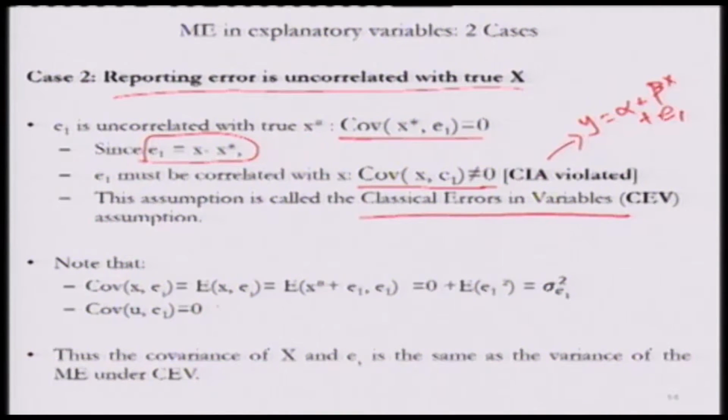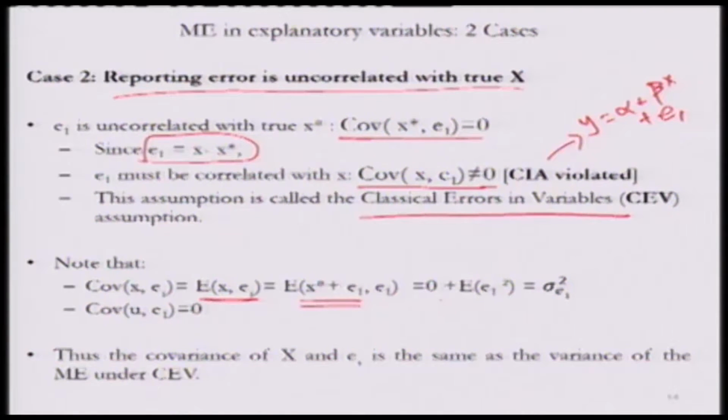So, note that the covariance of x and E1 is not equal to 0. So, we need to derive what this is equal to. This can be written as the expectation of x and E1. So, what we have is the expectation of (x star plus E1) times E1, where we break x up into x star plus E1.